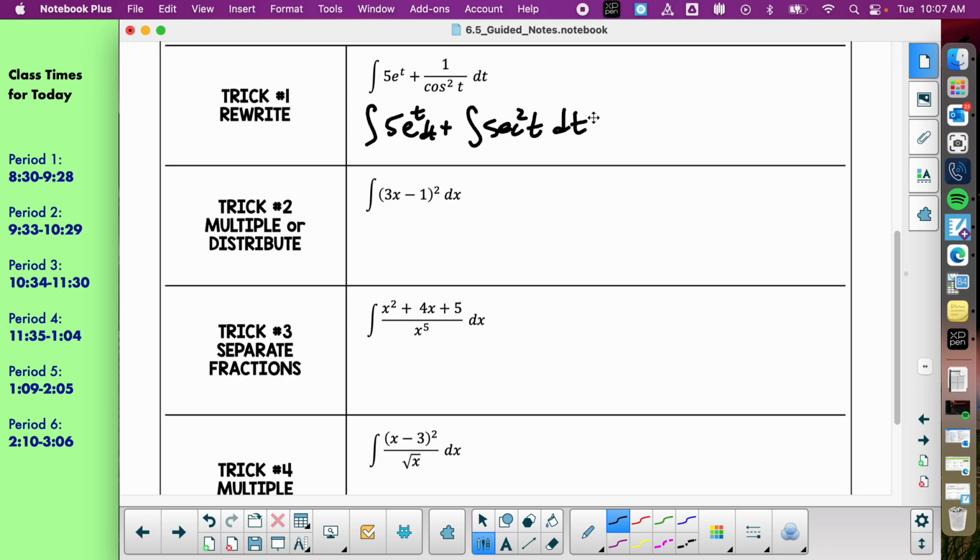Okay, next one. Integral of 3x minus 1 squared. We cannot separate them because the squared has the parentheses grouped together. So you can't take apart individual things. There isn't a u substitution for us to know yet.